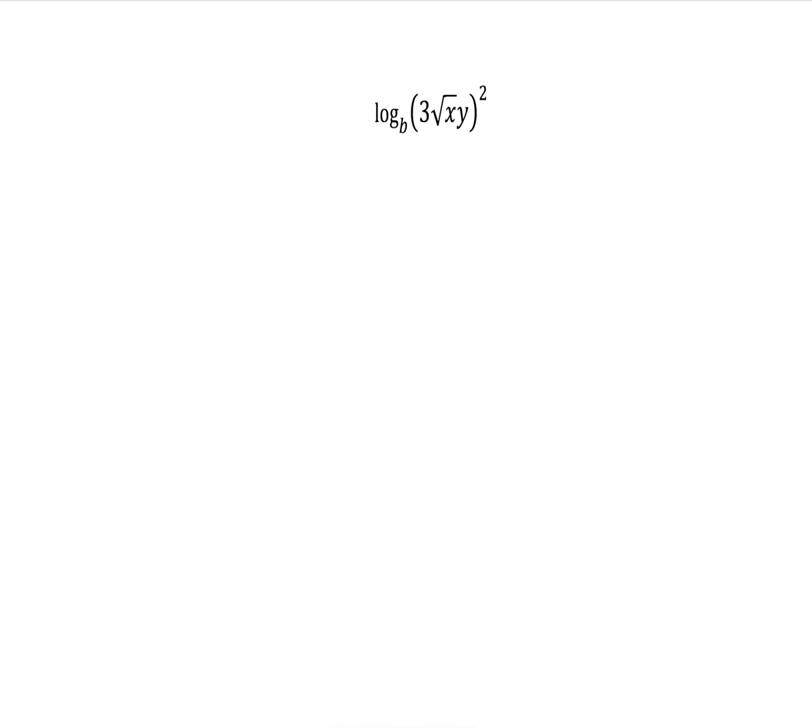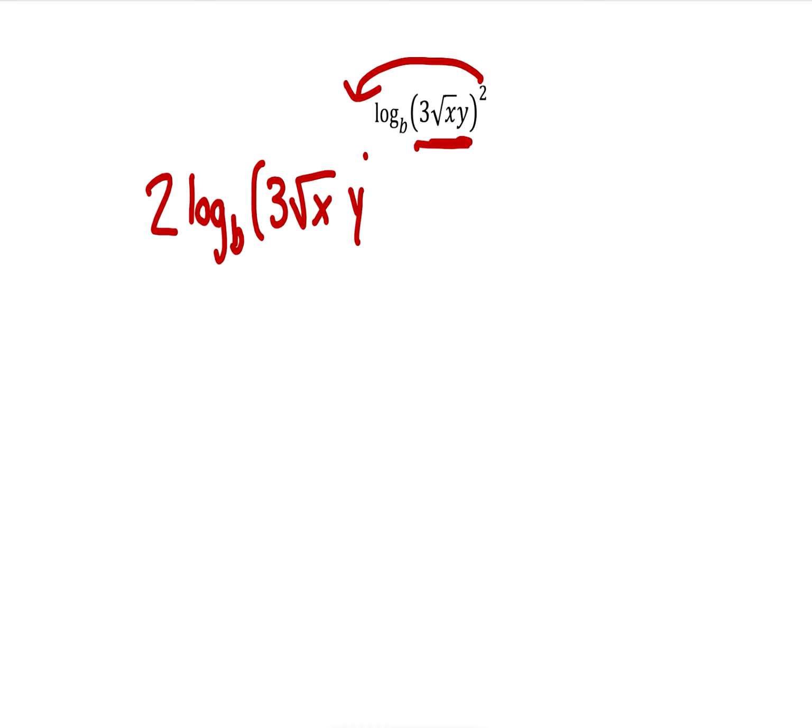If the whole entire argument here is getting raised to the second power, that means we can bring that 2 out first. So I'm going to rewrite this as 2 log base b of 3 radical x times y. From here, you can do one of 2 things.